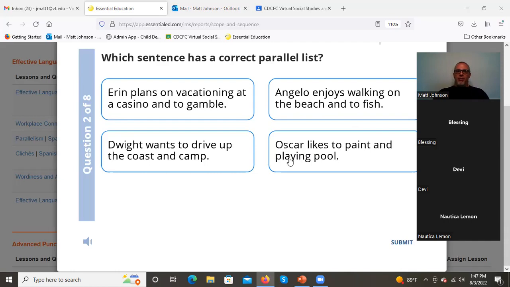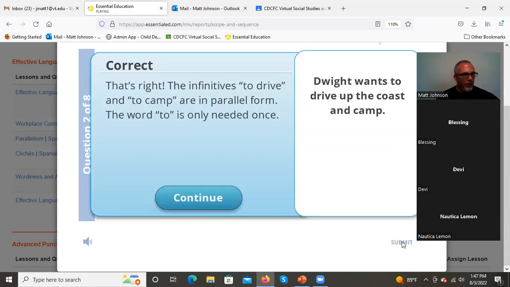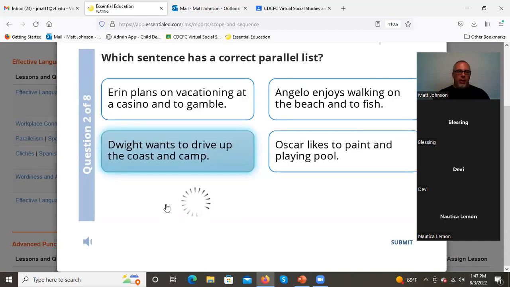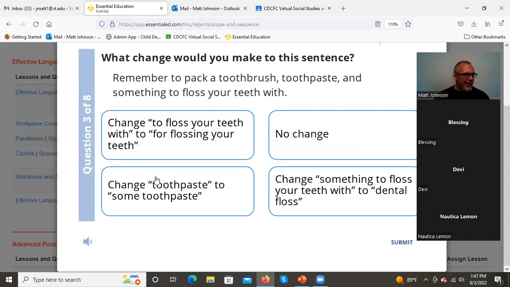Again, that's going to be a gerund. So we want "Oscar likes to paint and play pool." But our correct one is Dwight wants to drive up the coast and camp.